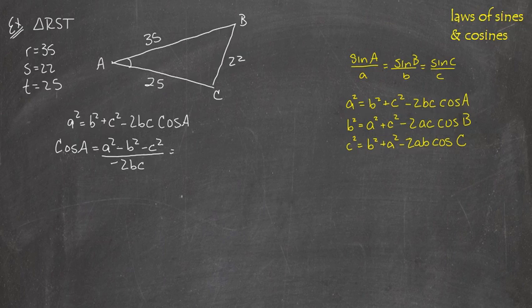Now I can plug in my values. So the cosine of A equals 22 squared minus 25 squared minus 35 squared, all divided by negative 2 times b, which is 25, times c, which is 35.